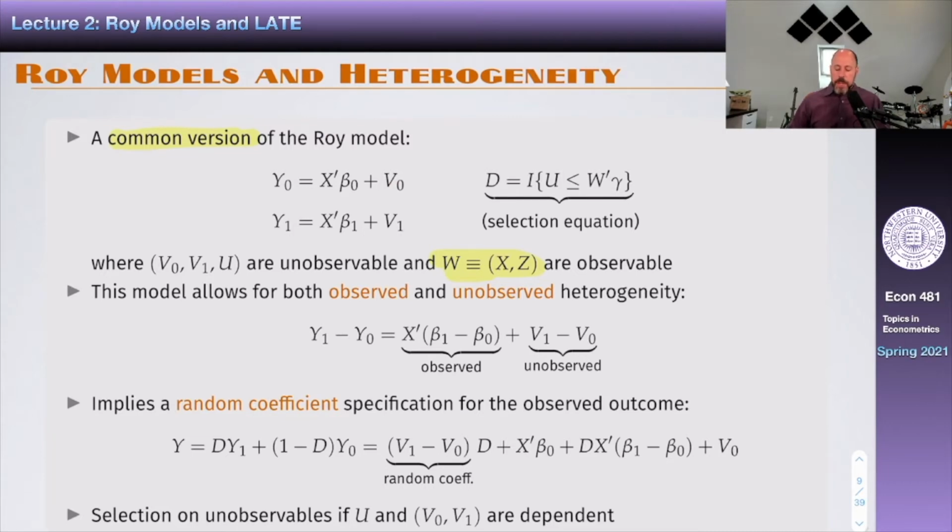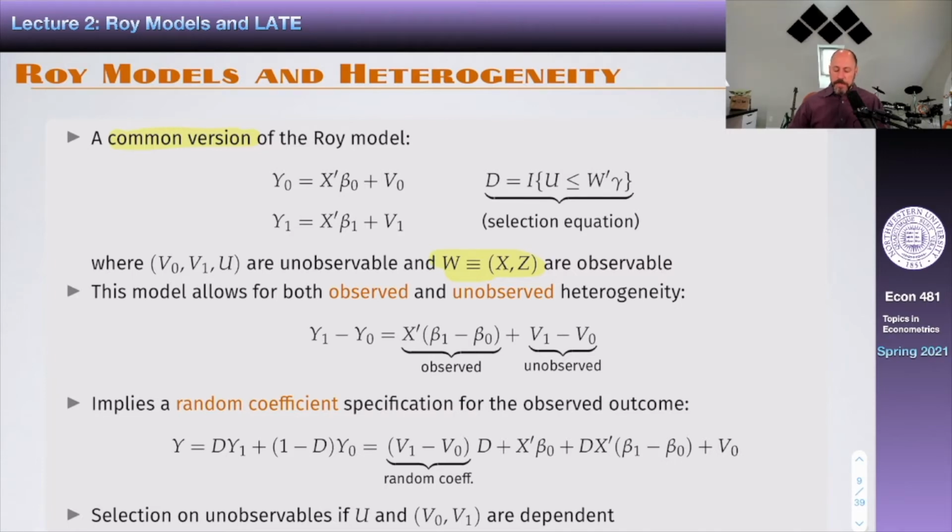So when you just write down in this model Y1 minus Y0, you can see that this model gives us two parts. The first part is, assuming that these betas here are constant, an observed constant effect for everybody of a given value of x, and then it has an unobserved random component. So it allows for some heterogeneity, both in the observed part and in the unobserved part.